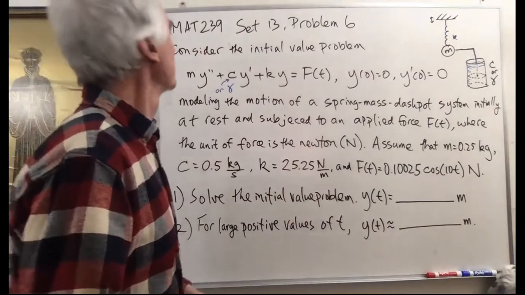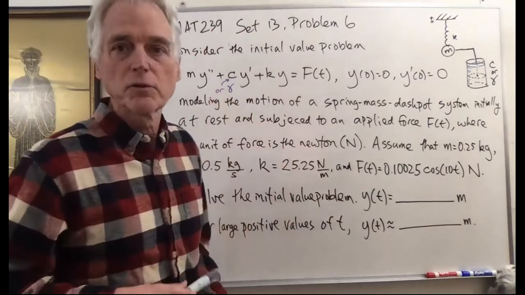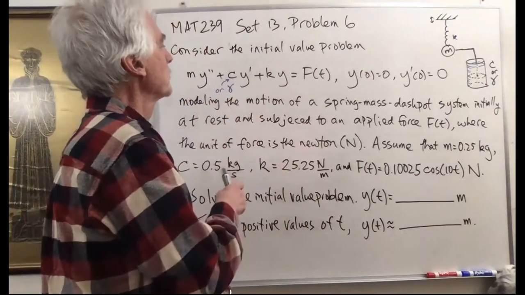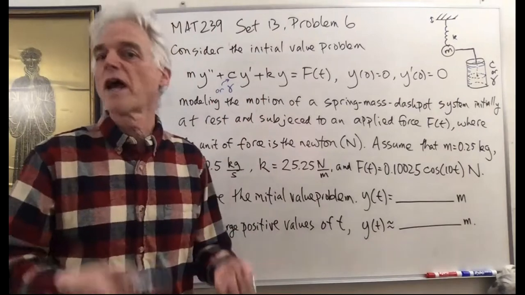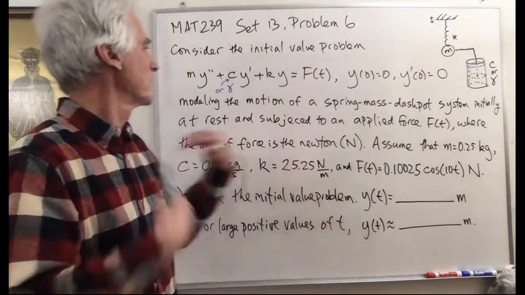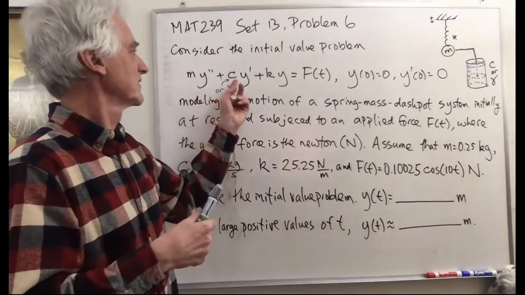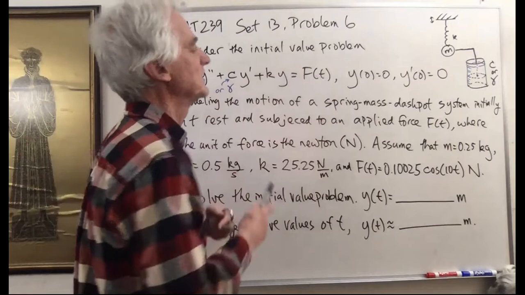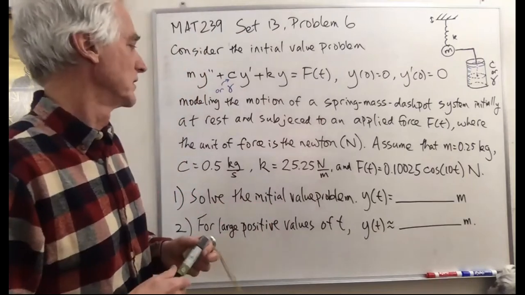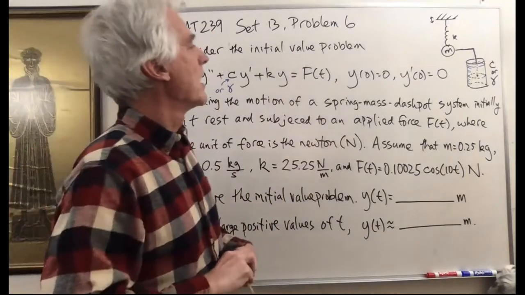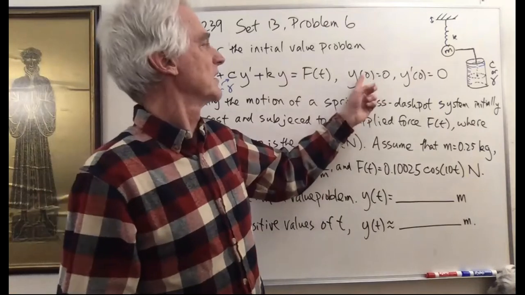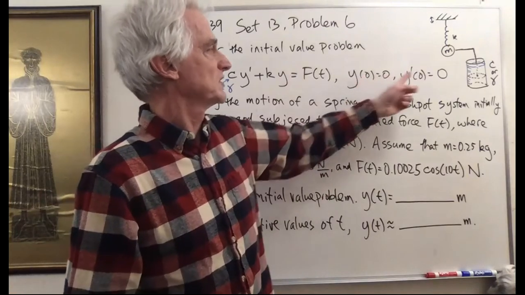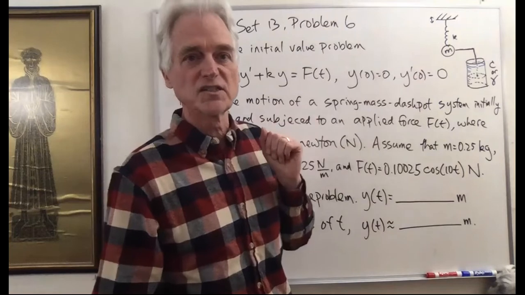All right, so here's the equation: m y double prime plus c y prime plus k y equals F of t. They're using c where I used gamma the other day. That's not my c, that's what I called gamma before. I've got an applied force. And then I have initial conditions. The initial position is 0, initial velocity is 0.